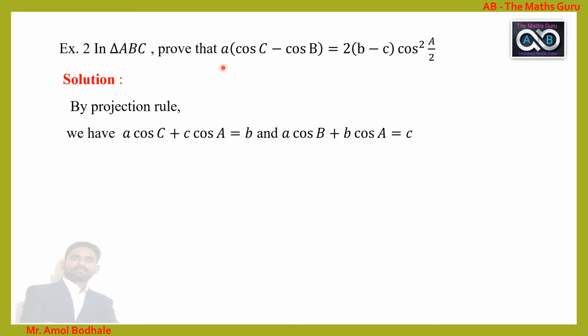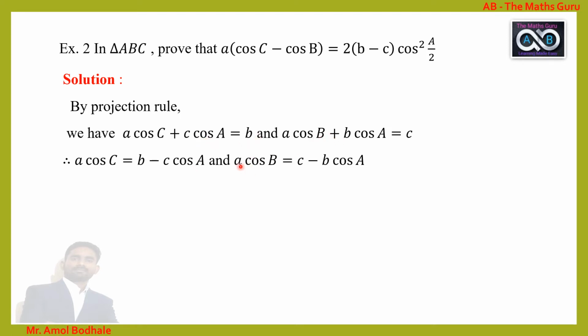In our required proof, the LHS contains a cos C as well as a cos B. So we can calculate the value of a cos C and a cos B from these statements. Here a cos C equal to b minus c cos A. So we can shift this term to the other side.